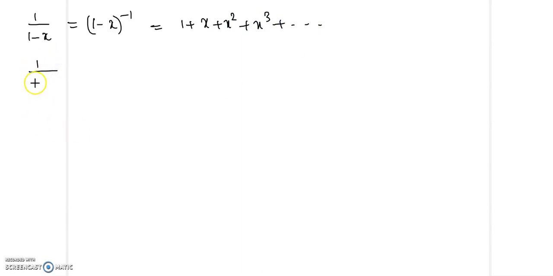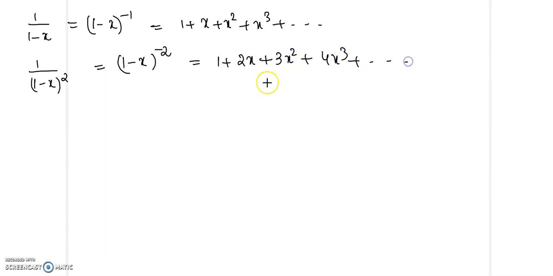And if you want 1 by 1 minus x whole square, we'll get 1 minus x whole raised to minus 2, so that has the expansion 1 plus 2x plus 3x square plus 4x cube plus etc.